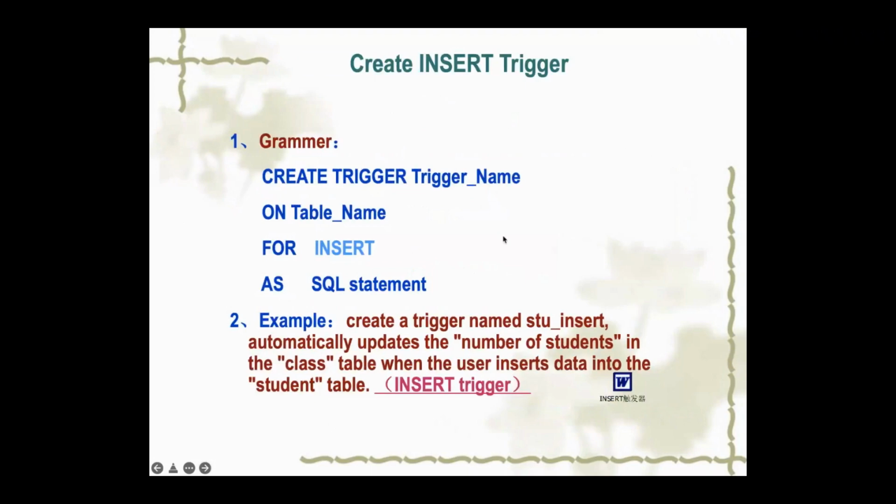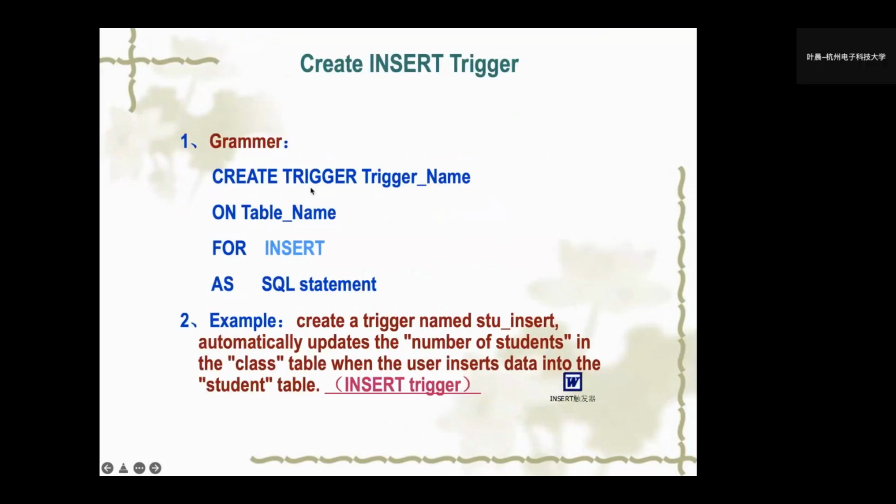So the grammar is: create the table name and the create trigger. Then you give a trigger name and the table name for insert. For example, for insert, then you write AS. Here follows a SQL statement.